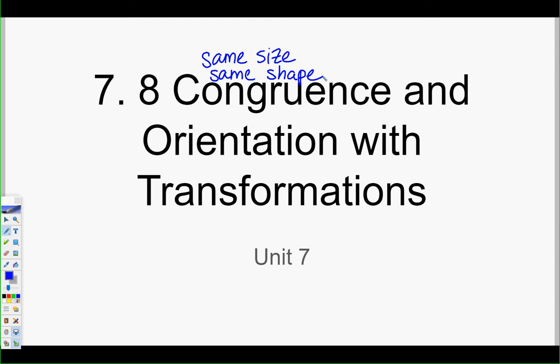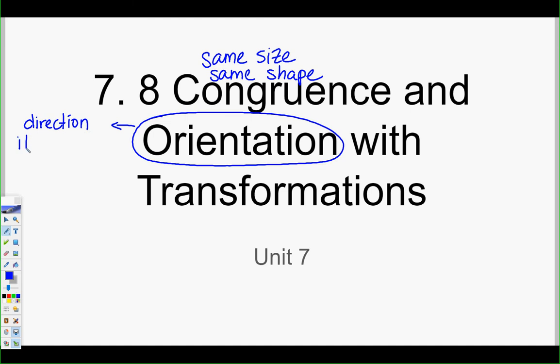All right, now, the word orientation is a little bit different. Okay, the word orientation is basically the direction it's facing. Okay, the direction it's facing.